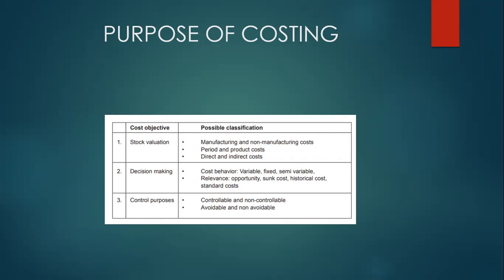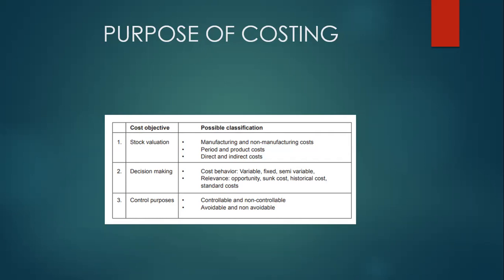You also want to prepare costing in order to make decisions. So it's for decision making or for control purposes. If you know the cost of your items or of your services, you are able to control the cost.